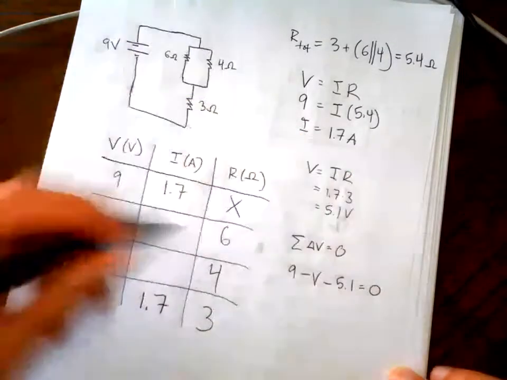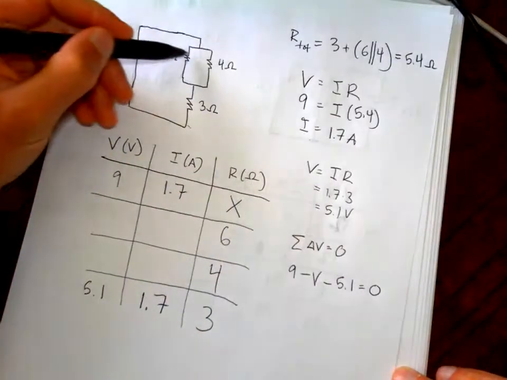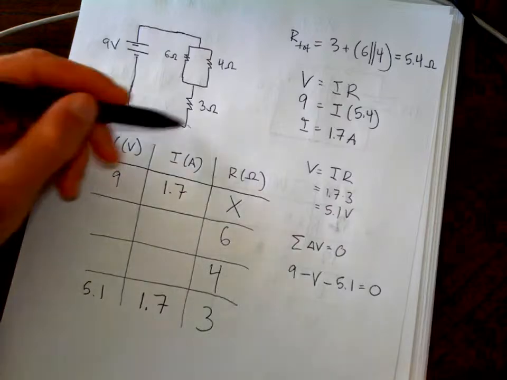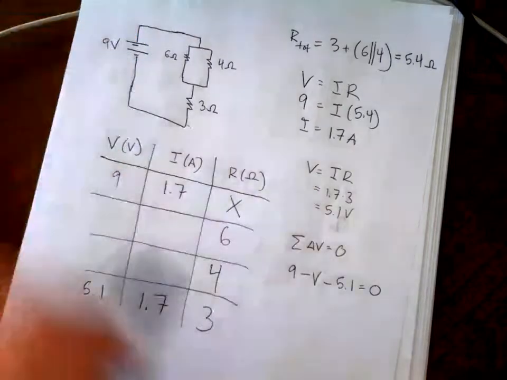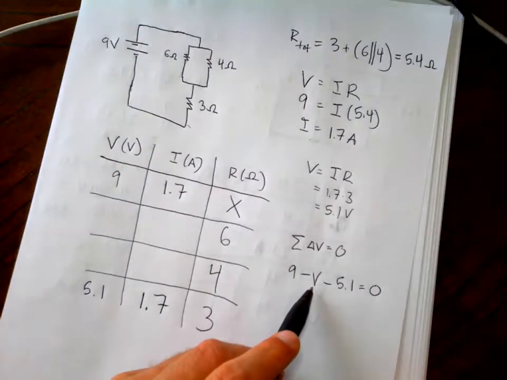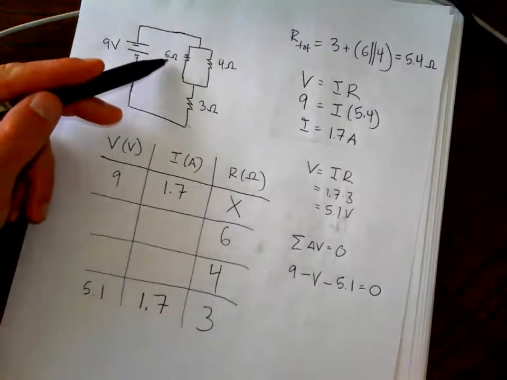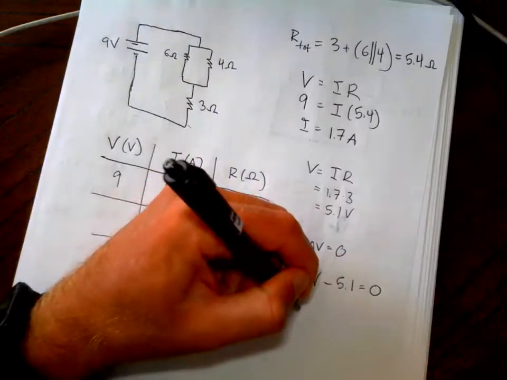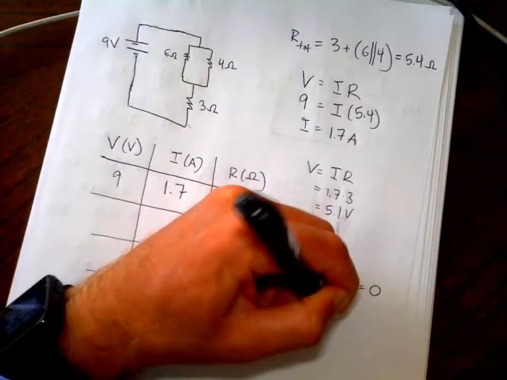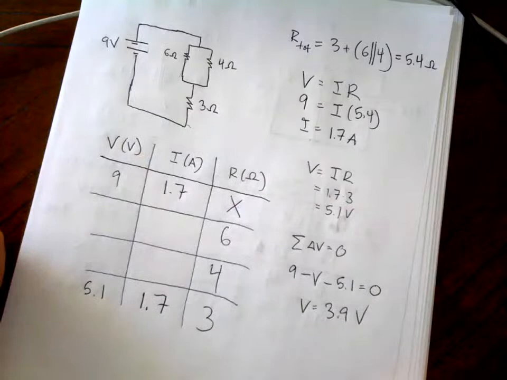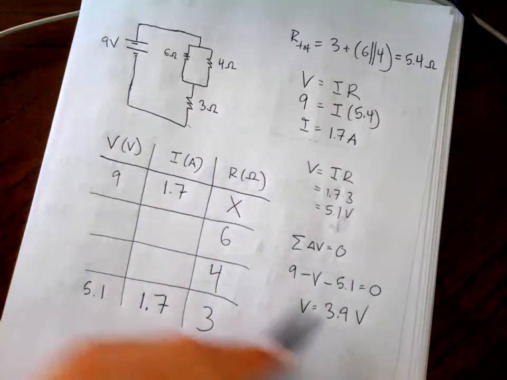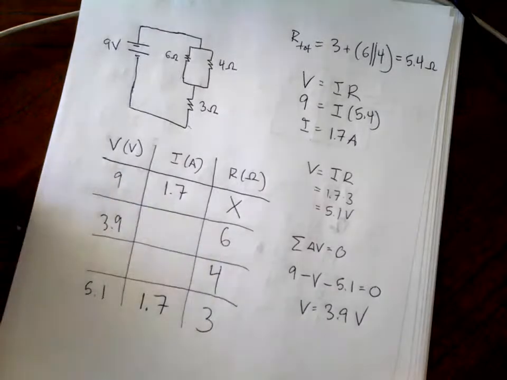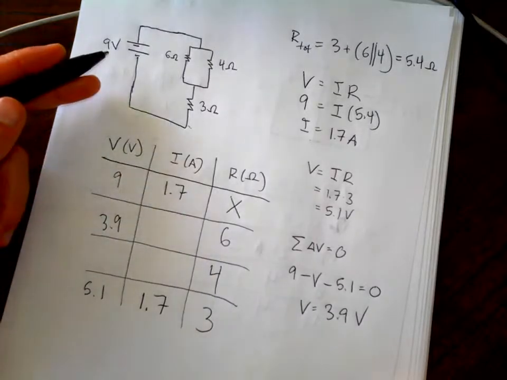So it's just those three things in that loop. So that allows me to solve for the voltage across the 6 ohm resistor. Okay, and that tells me that V equals 3.9 volts. So the 6 ohm resistor gets 3.9 volts. Does not get the full voltage of the battery.